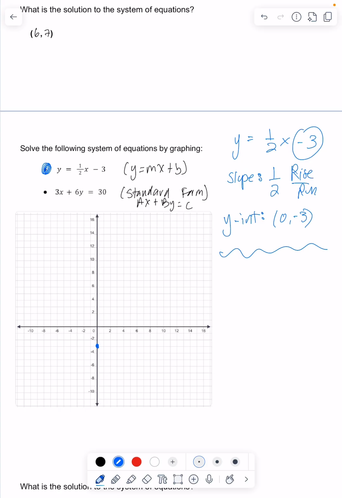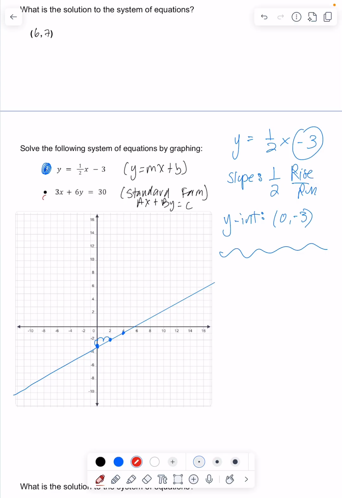And then I'm going to rise 1, run 2, 1, 2. Now that I have those, connect the points. For your line, you should be able to make sure that you go from left to right, all the way down, all the way up.